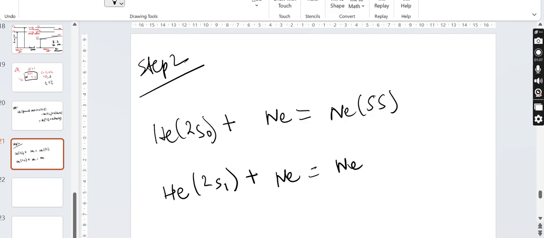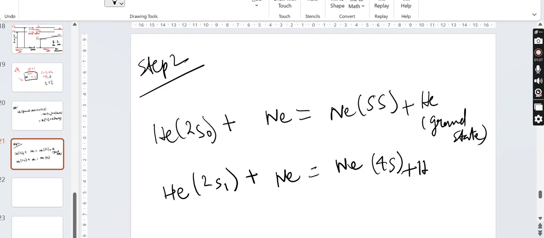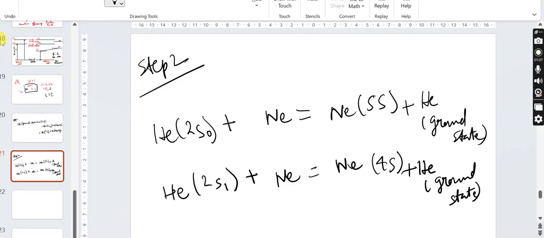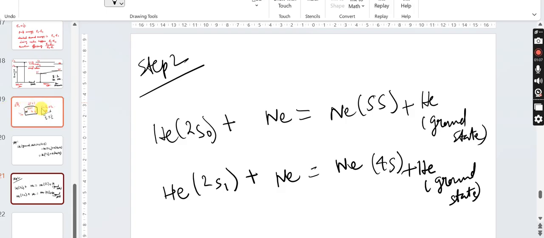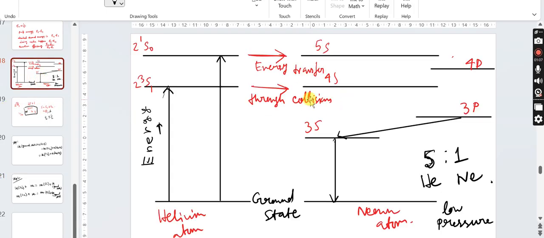In the 5s and the 4s states, and the helium atom goes to the ground state. Ground state helium atoms are again ready to go to the upper state, and then like this the helium ground state atom can go to the state. So they move to 5s and 4s.